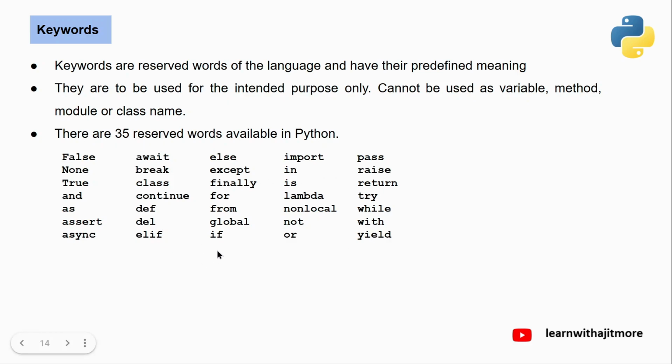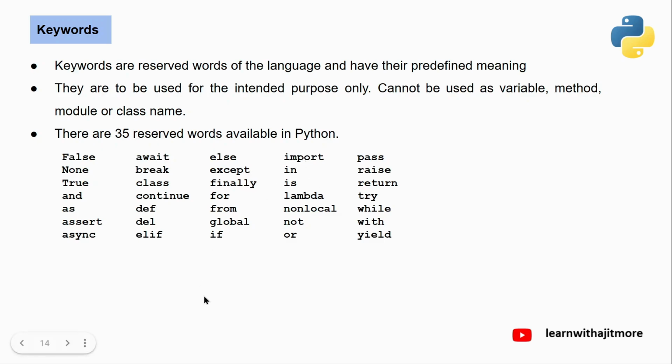Okay. So if you already have some programming knowledge, like C programming or Java, some of the keywords might be very much similar, like break or continue, getting, then while, return. In Java we have try; instead of catch, here there is except.